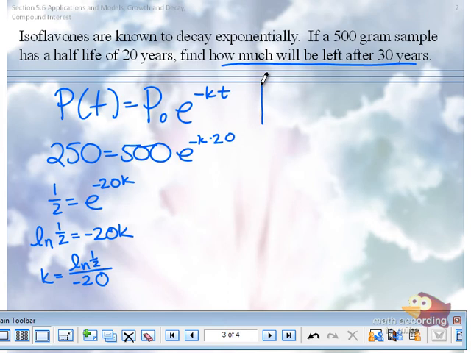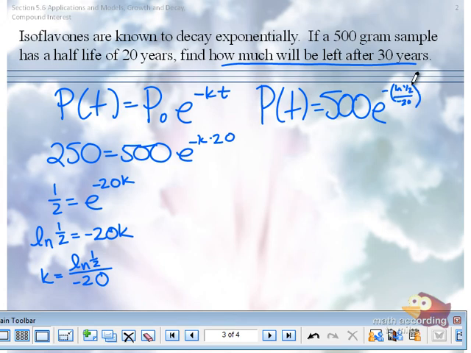So we're going to use that k in the initial problem now. P of t will equal 500, because that's how much we're starting with, e to the negative, now put in your k, natural log of 1/2 over negative 20, t.